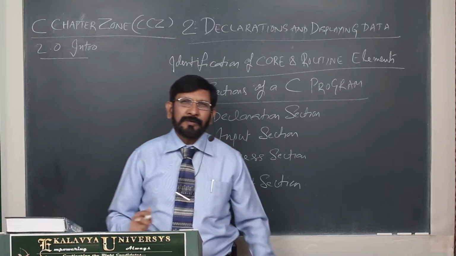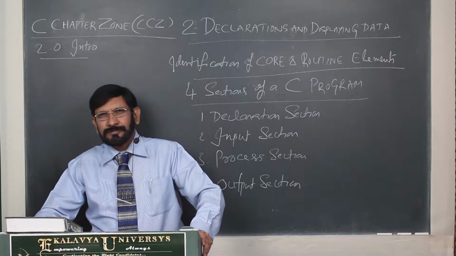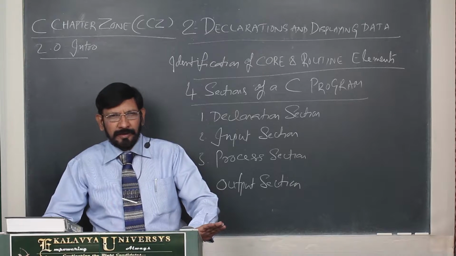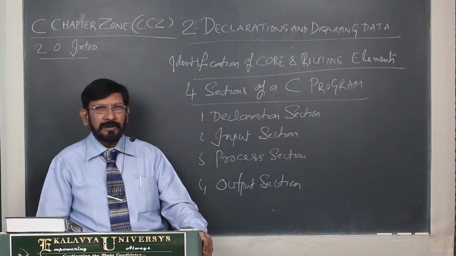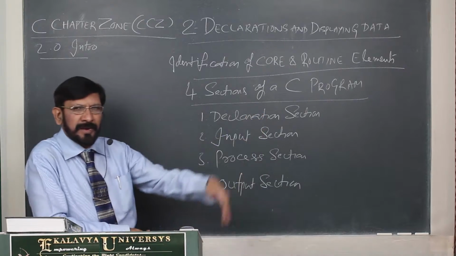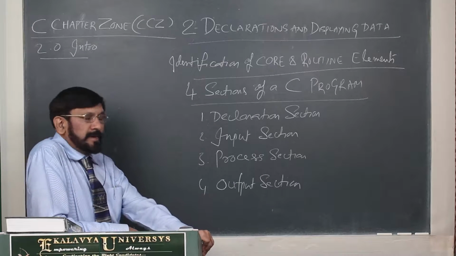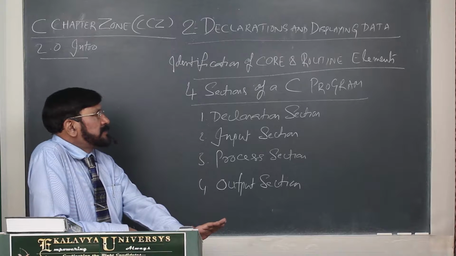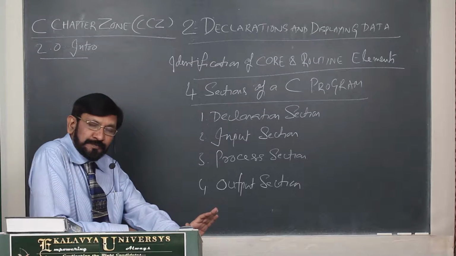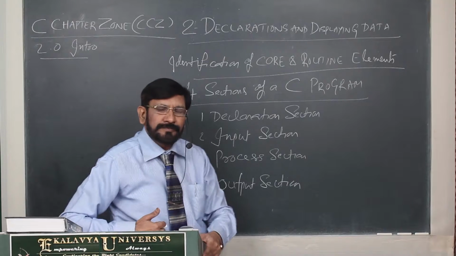Finally, the formation of output. Mainly, we focused on 4 elements and we learned some allied elements also. In this chapter, mainly we are focusing on declarations and displaying data or output.